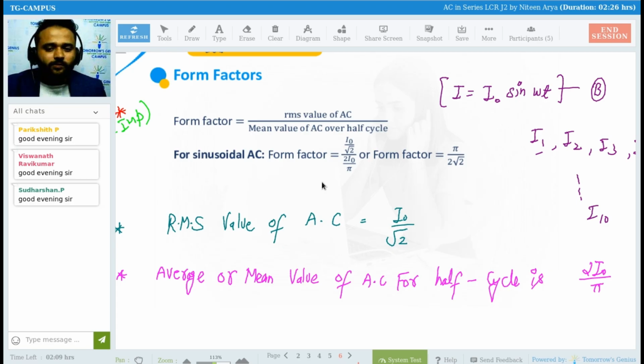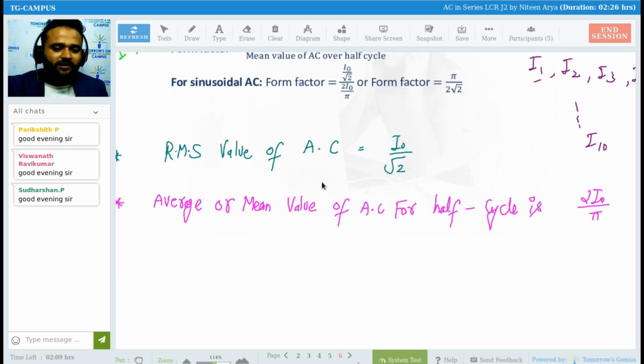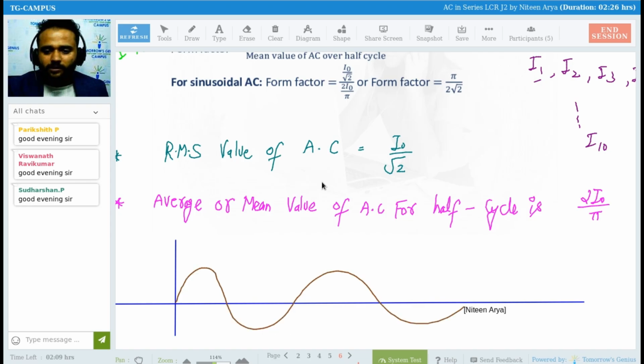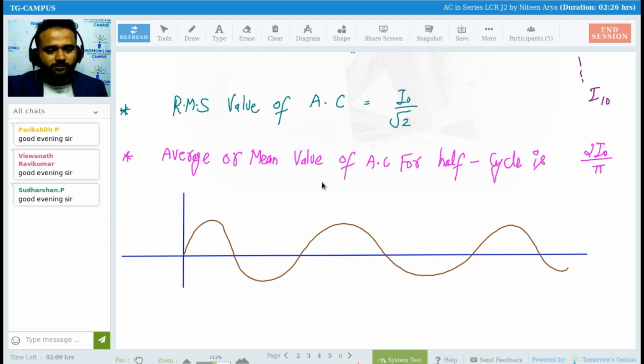For complete cycle, it is going to be 0, right? But obviously, alternating current is going to be measured for a complete cycle, because it is not like, sir, it is going to be 0, so we are not going to find a solution. So for that reason, we find root mean square value.